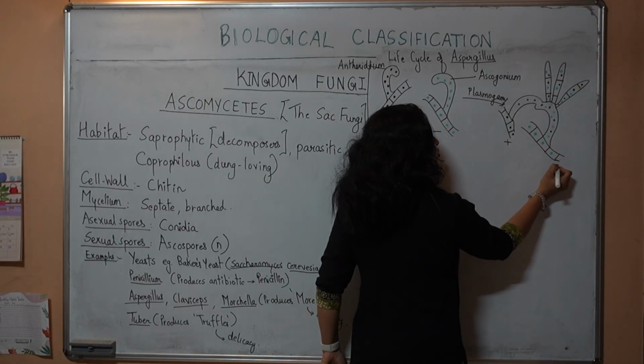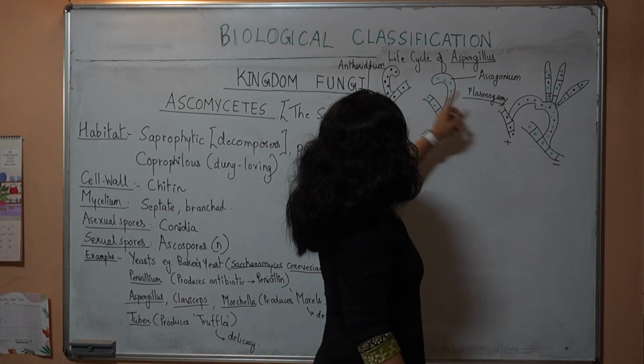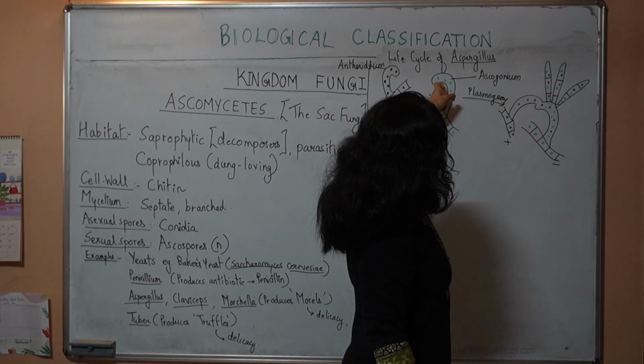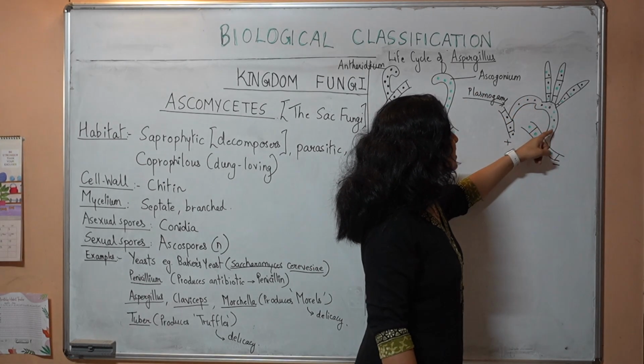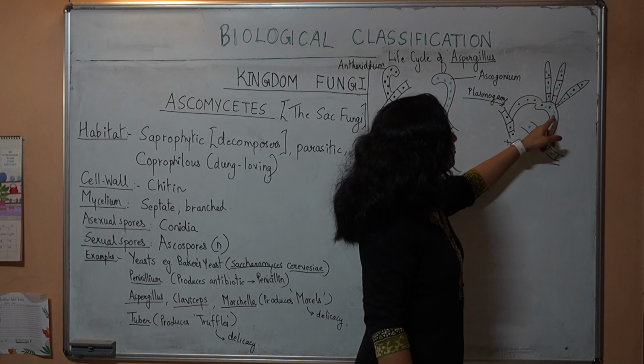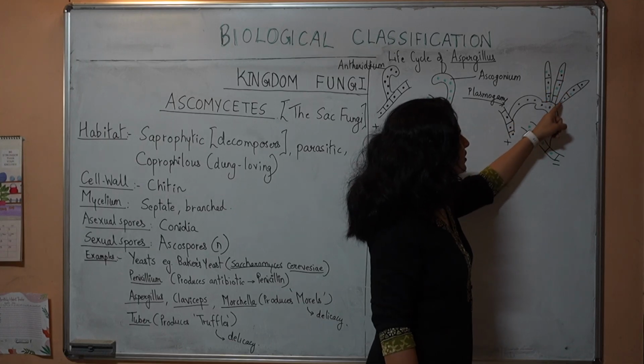Can you tell me your observations post plasmogamy here? What is happening? As you can see, the antheridium has fused with the ascogonium. The nuclei from the antheridium have entered into the ascogonium, and from the ascogonium new type of fungal hyphae are arising.